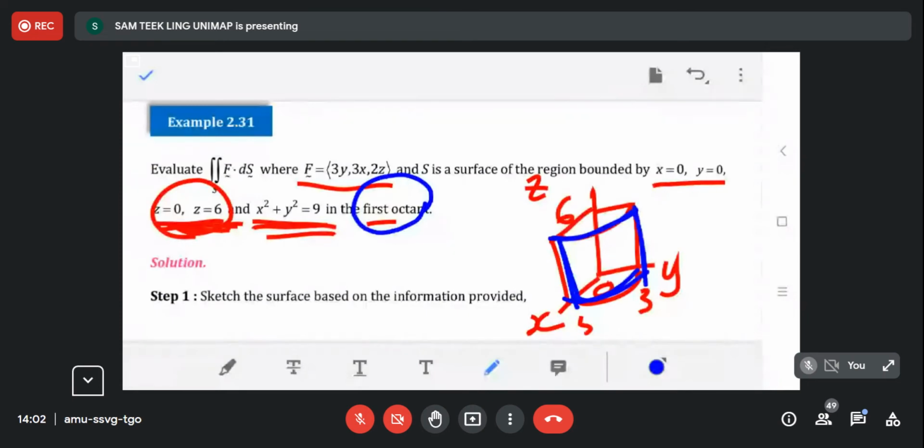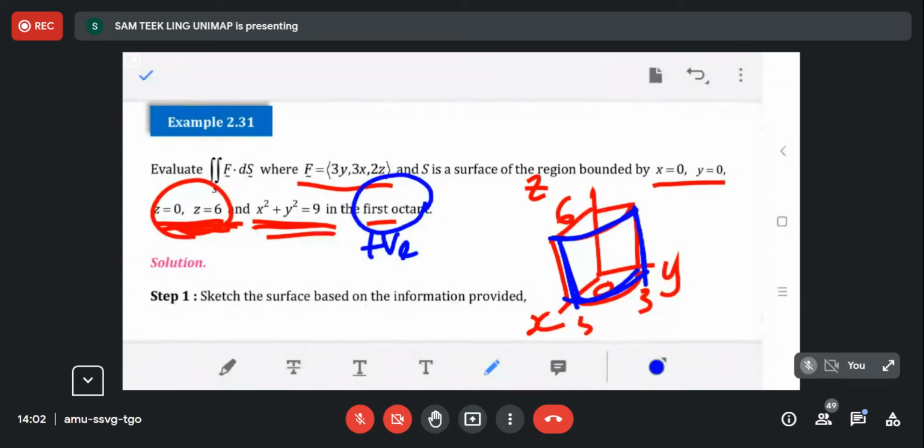Sometimes the question will give you the positive octant. In two dimensions it is the first quadrant, all positive. For three dimensions, it's the first octant.